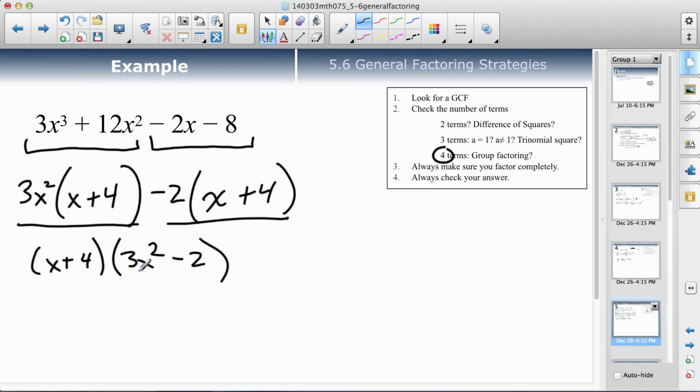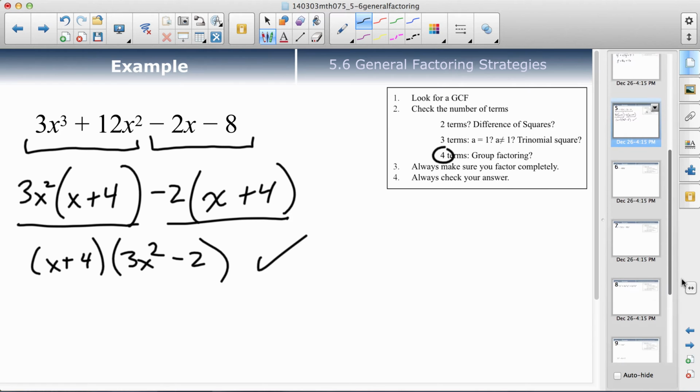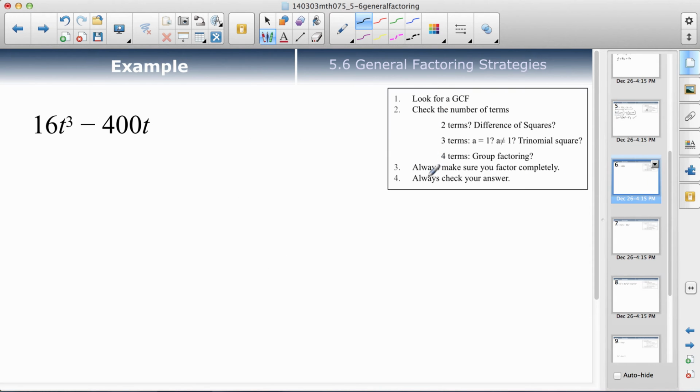I see this and I'm thinking, oh, is that a difference of squares? But I can't take the square root of 3, so right here is where I stop. Okay, hopefully you're seeing how you have to take a look at each question, and you have different tools and resources to help you factor that.